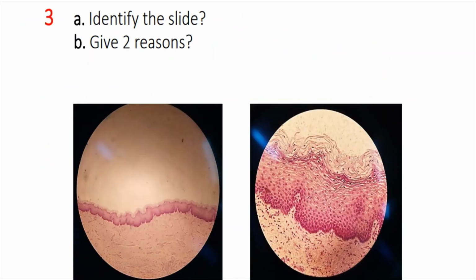All right. Identify the slide. This slide has got stratified non-keratinized squamous epithelia, and its submucosa has got no glands, so this is the vagina.